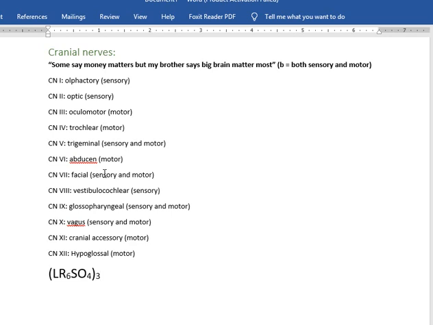Also, the facial nerve transmits stimulation to the lacrimal gland in the eye. So these are the two transmissions. The supply to the lacrimal gland of the eye is via the sphenopalatine ganglion, or the pterygopalatine ganglion.